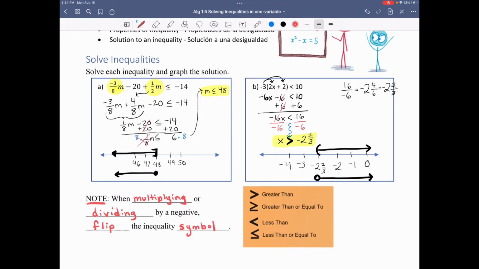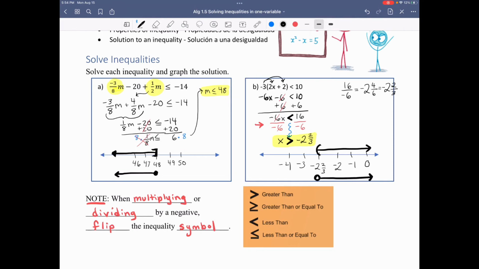And that's what I showed up in part B when we divided by negative 6 up here. Let me just point that out. When we divided by negative 6, we had to flip the inequality symbol. So instead of being less than, it became greater than.